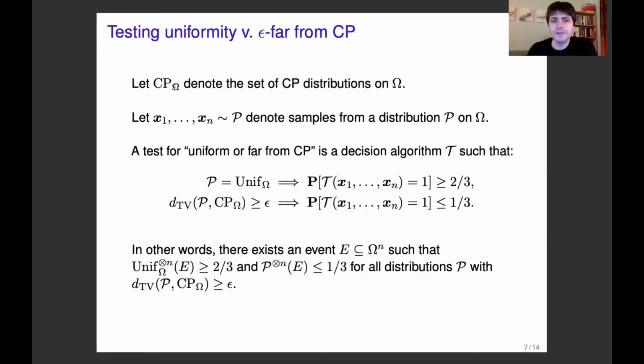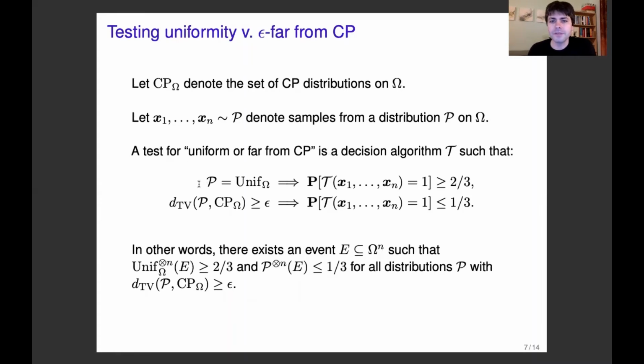Now, let CP(omega) denote the set of all CP distributions on omega, and let x1 to xn denote the n samples that we get from the distribution P. By a test for uniform or far from completely positive, we essentially mean that we want a decision algorithm that might be computationally inefficient but has to satisfy the following property.